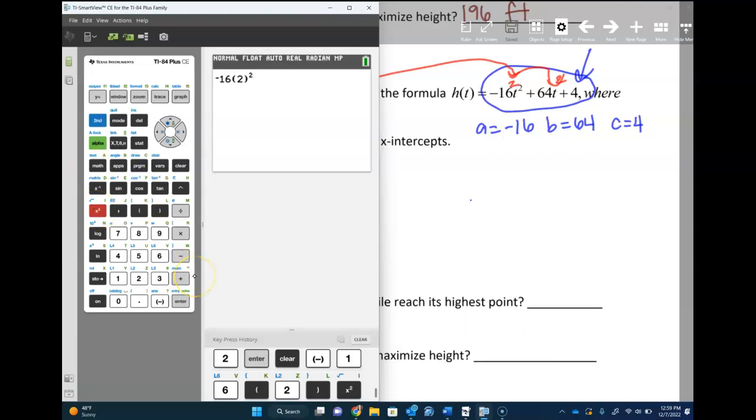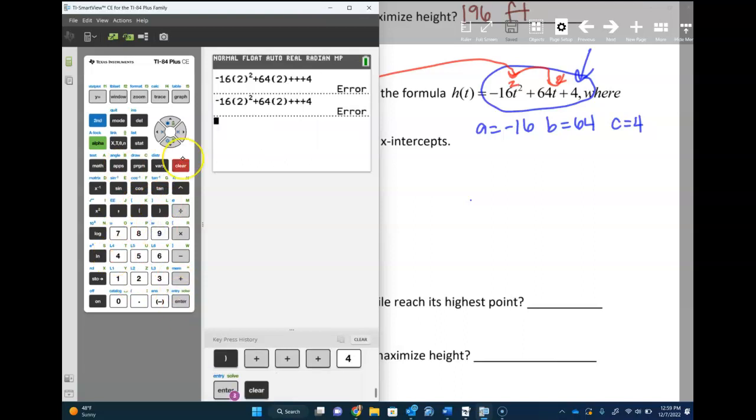Then plus 64 times 2 plus 4. Let's go steal this, so that way I can just delete. Delete, delete, enter. Do we get 68? Yeah.